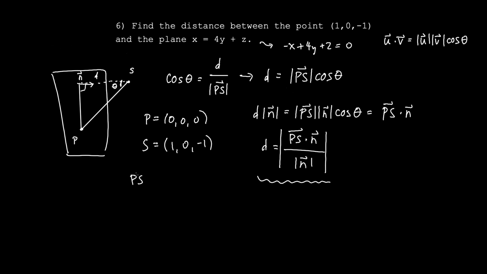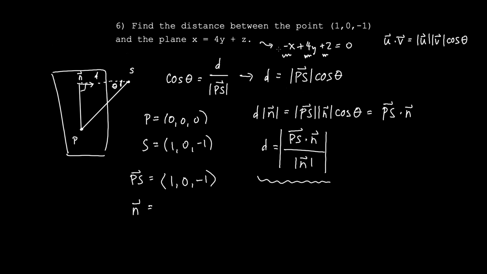So PS, and this is a position vector now, so we take the final point minus the initial point. We have 1 minus 0 is 1, 0 minus 0 is 0, and negative 1 minus 0 is negative 1. So now we have our vector PS. Now, let's find our normal vector, and our normal vector is pretty easy. We just find the coefficients of each term in the plane equation.